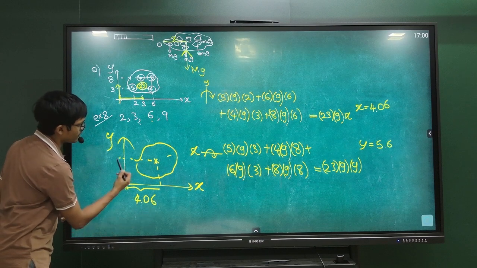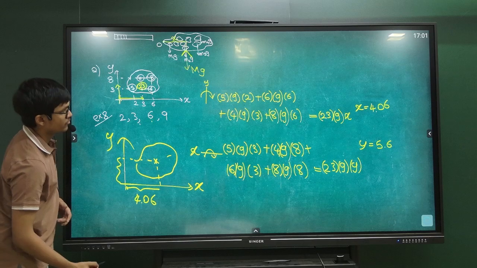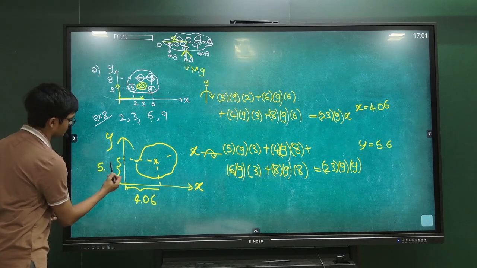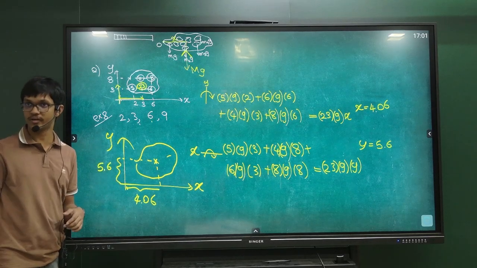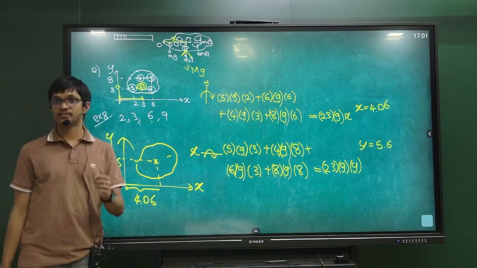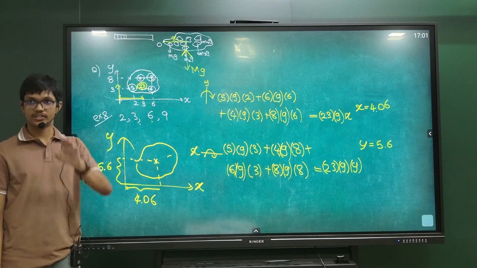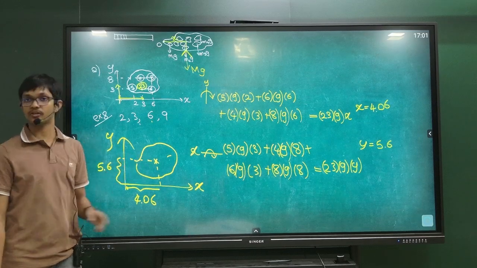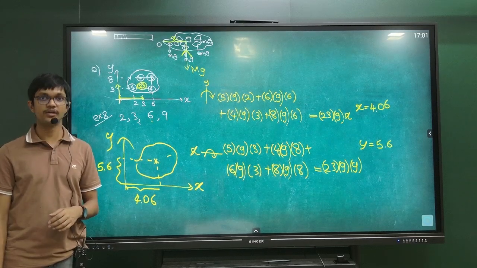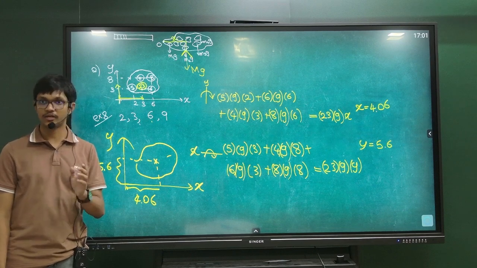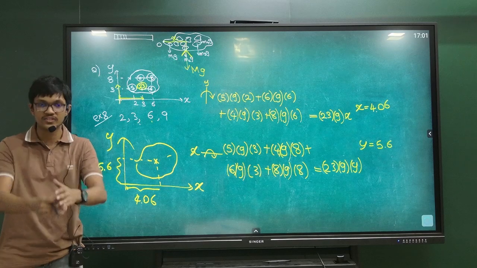What is the distance from the x axis? 5.6. Clear? Attention. This is the location of the center of gravity. මේ තියෙන ගුරුත්ව කේන්ද්‍රයේ location එක. Clear? That is how you find the center of gravity of a 3D system.